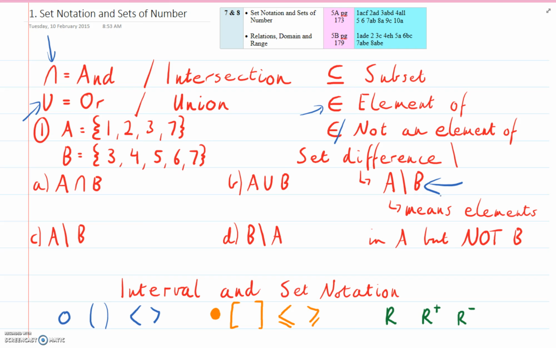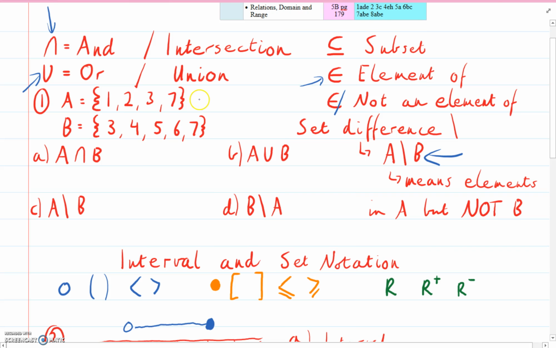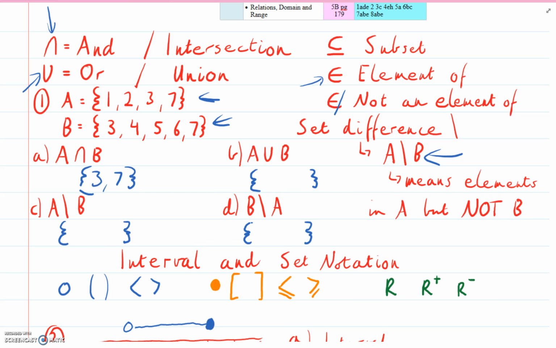So if we were using our values for A and B in question 1 over here, if we said what's in A and B, that would be 3 and 7. We can do those little squiggly bracket things. And question B is A or B, so what is in A or B, which is pretty much everything, so 1 to 7 by the look of it.